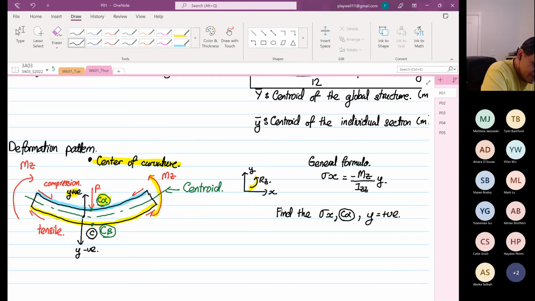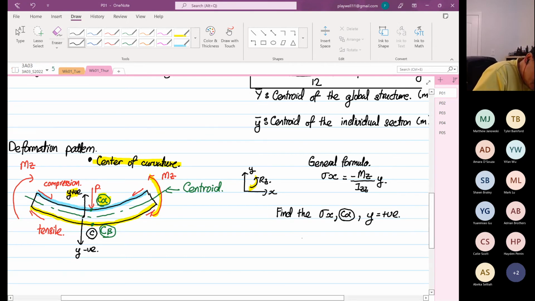So when we apply the formula, we get stress X at point C alpha is equal to minus Mz over Izz multiplied by positive y.